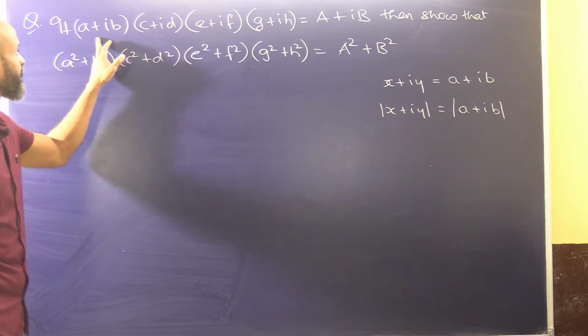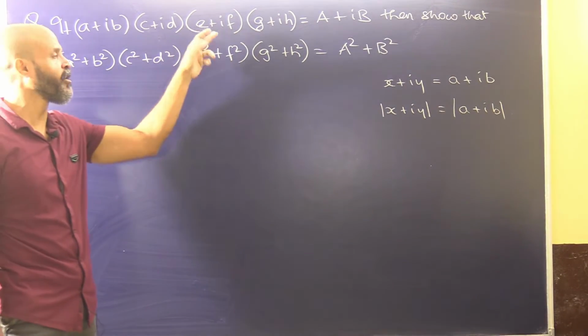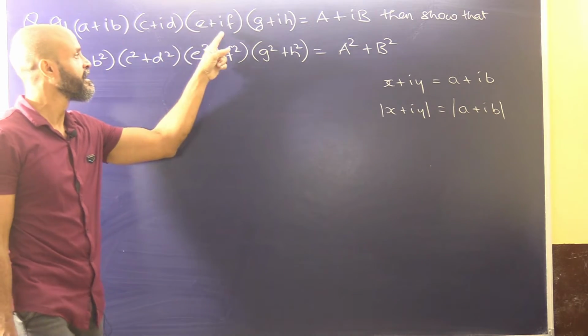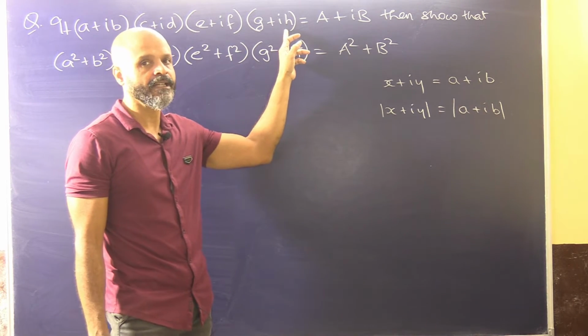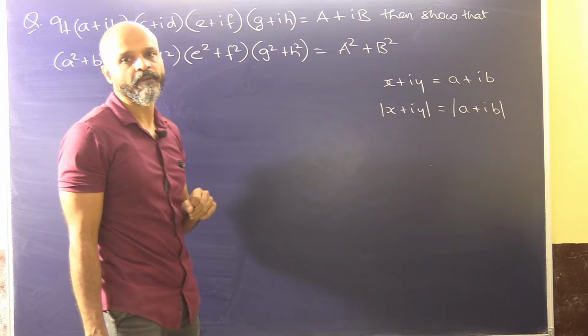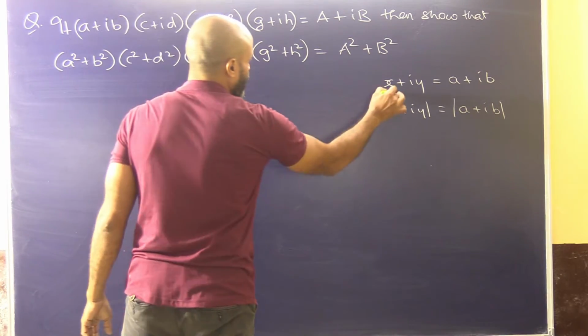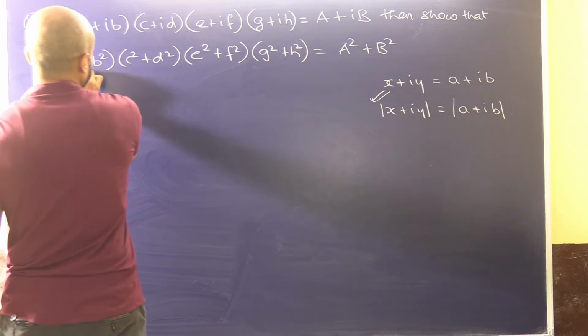Now we have a plus ib, c plus id, e plus if, and g plus ih, all of which are different complex numbers. If we follow this, then we have to prove this.